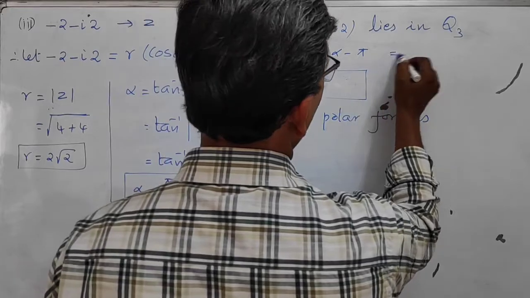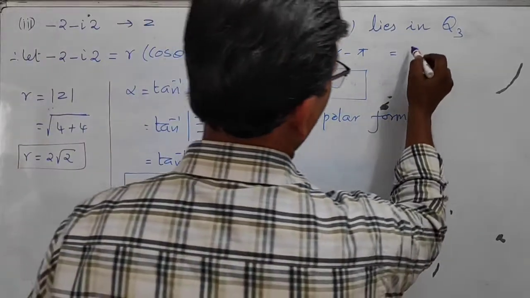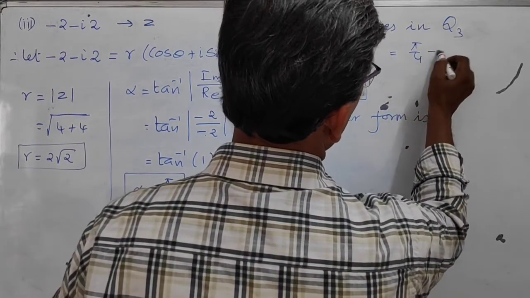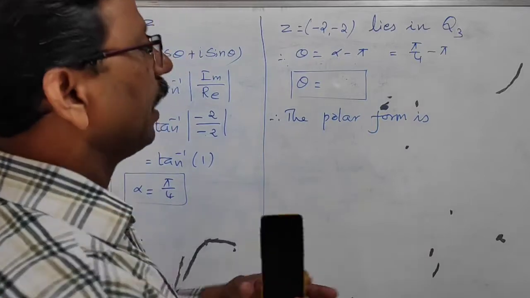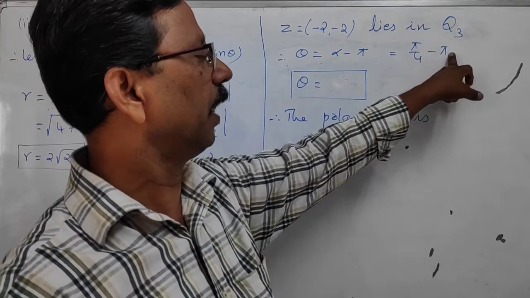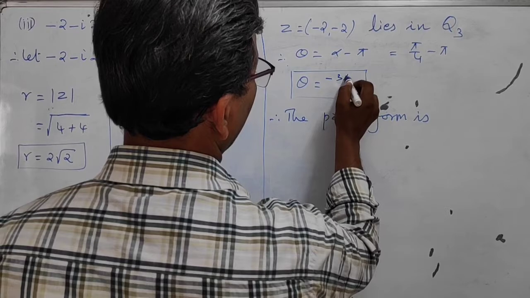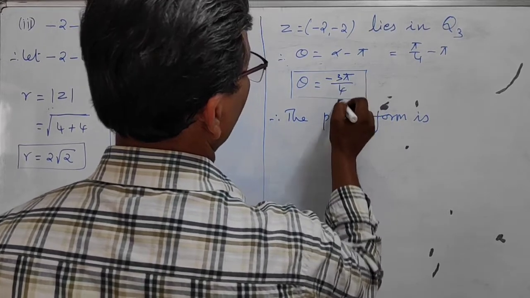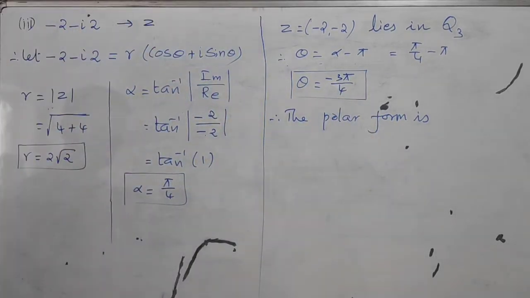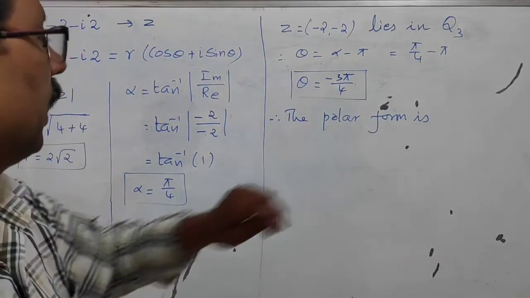Here alpha is pi by 4 minus pi. If you take the LCM, you get pi minus 4 pi, which means minus 3 pi by 4.